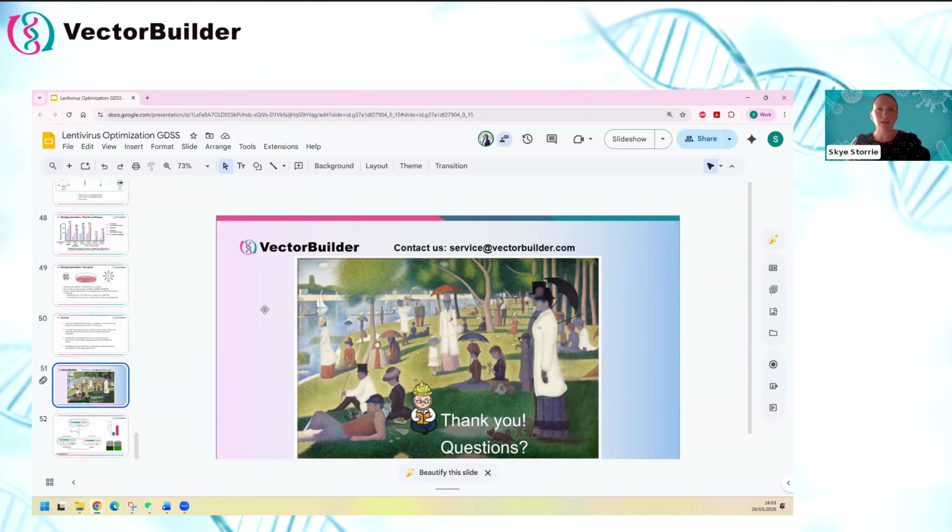So if you can include a fluorescent reporter, this makes titering much easier in determining the MOI you want to use for your experiments. And for determining MOI, I think you really need to test different MOIs to see which ones will be best for you.